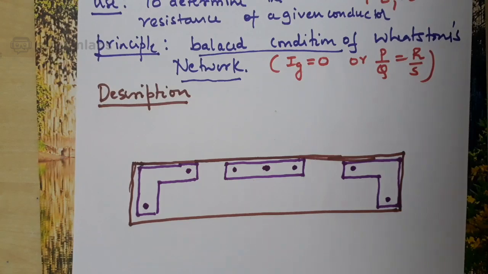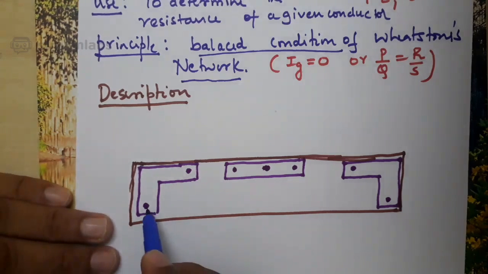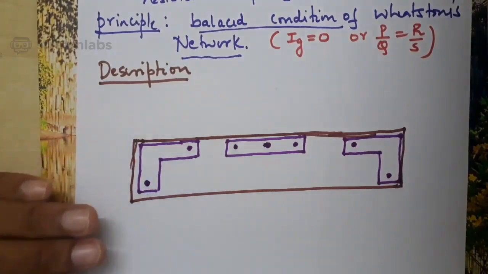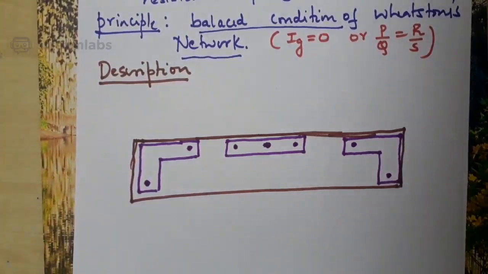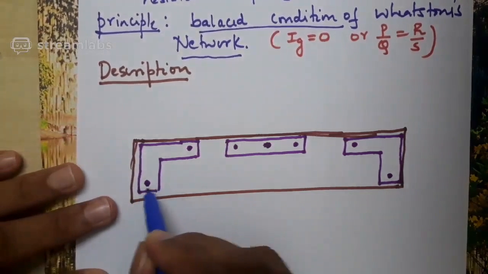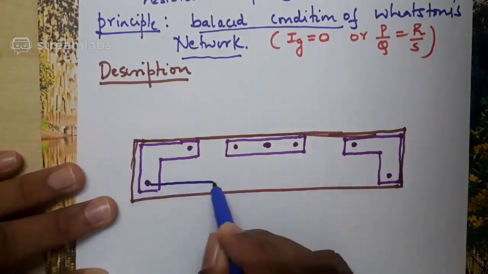Then there is a uniform wire of length 1 meter fixed between these two metal strips.